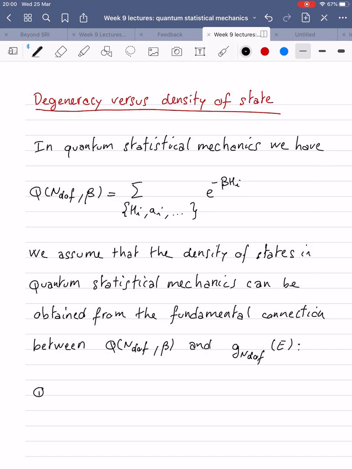So it's Q_QM of beta is equal to the integral from 0 to plus infinity d epsilon G_QM of epsilon exponential minus beta epsilon. Alright, so this is a Laplace transform.